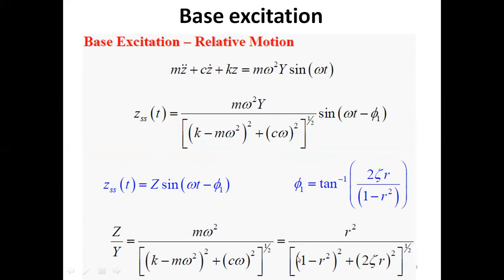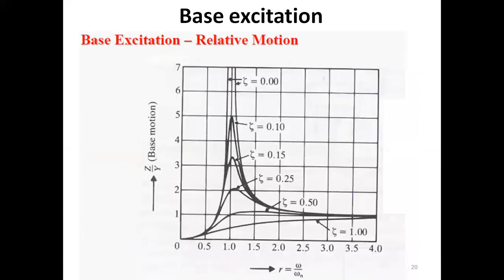So very simply, by rearranging the equation of motion and then comparing with the equation and solution of the amplitude of the response in case of forced vibration, we could deduce the mathematical model for the displacement transmissibility and the initial phase for the base excitation in terms of the relative displacement.